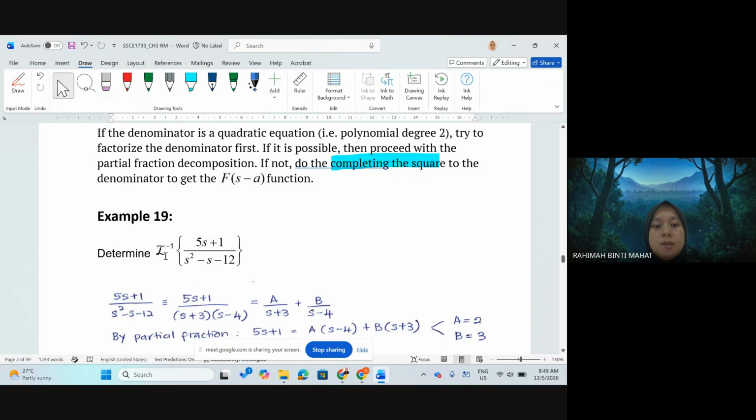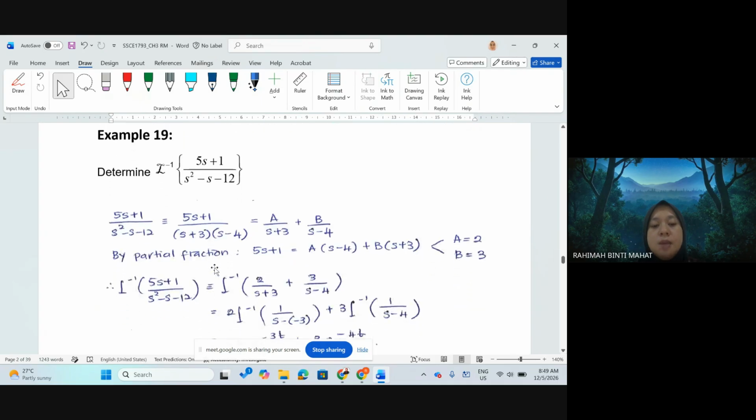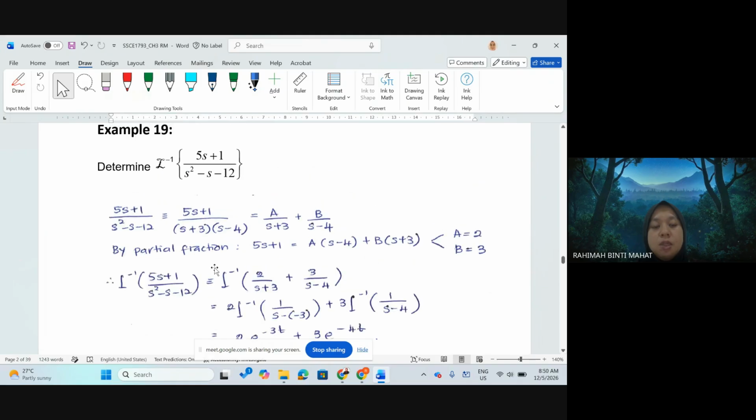Example 19. Determine the Laplace inverse of 5s plus 1 over s squared minus s minus 12. Okay, this one.